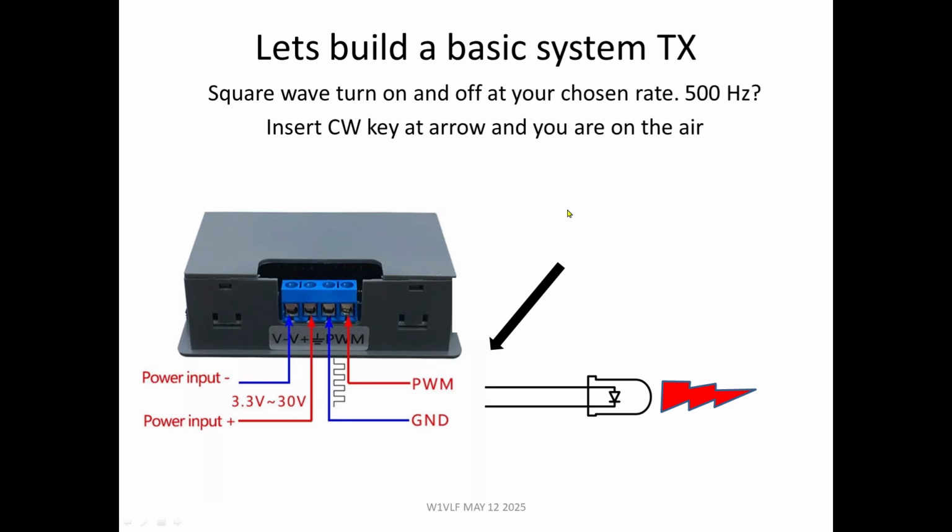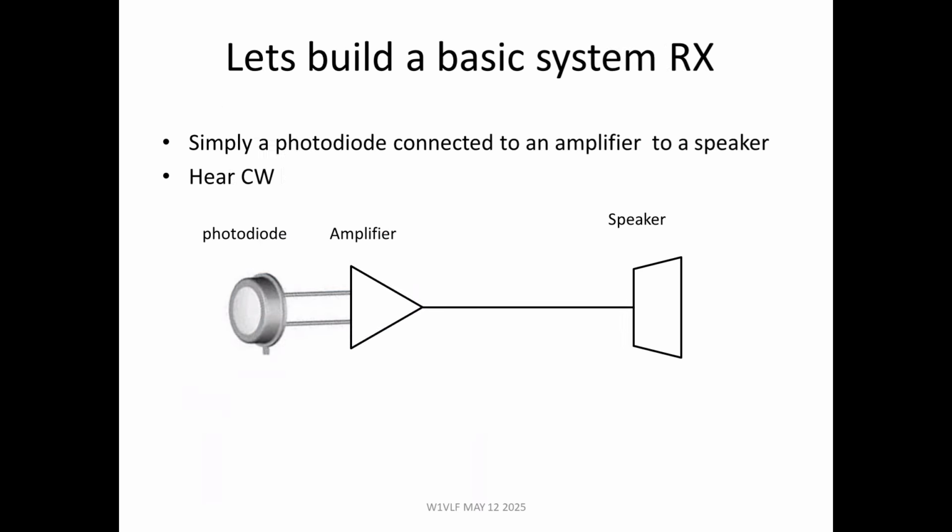I mean, my weak signal source is many times weaker than this thing. And when you get to that point in your receivers, you need something like that to optimize focal points and all the rest of this stuff. But anyway, that's a basic transmitter. Stick a key in there on the PWM line, and you can be sending CW on light.